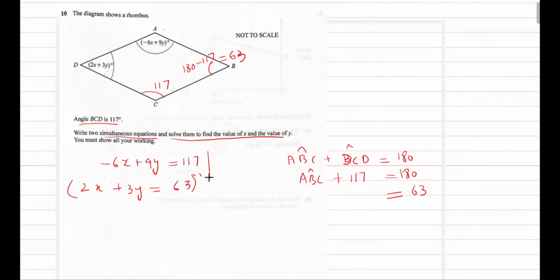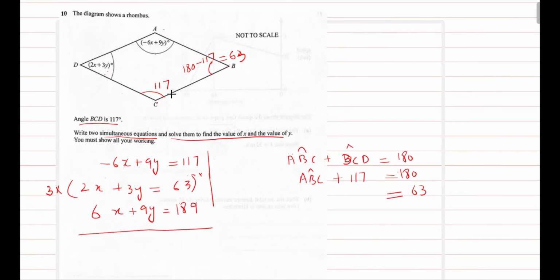To solve these two equations simultaneously, we will make the coefficient of any variable the same. Look here, the coefficient of x is minus 6 in the first equation, and 2 in the second. If we multiply the second equation by 3, we get 6x plus 9y equal to 189.